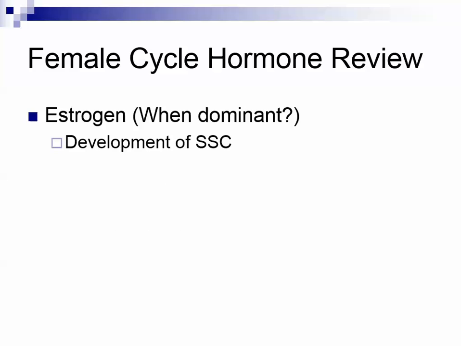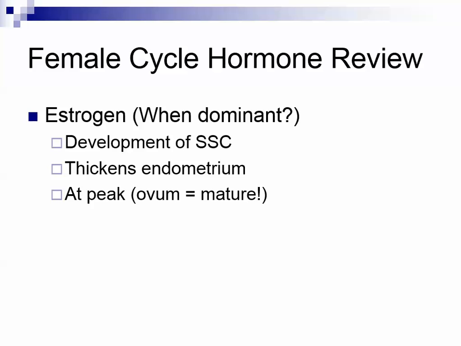As estrogen circulates throughout the female's body, it promotes the development of the secondary sex characteristics: breast development and another layer of fat underneath the skin. It also causes the endometrium, the inner lining of the uterus, to thicken. When estrogen is at its peak level, that is the signal that we have a ripe ovum, because that peak level of estrogen is secreted by the huge follicle.